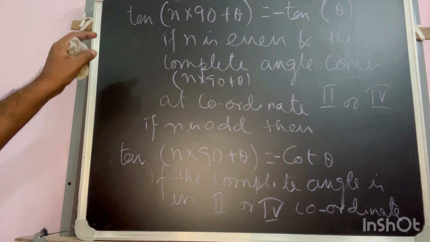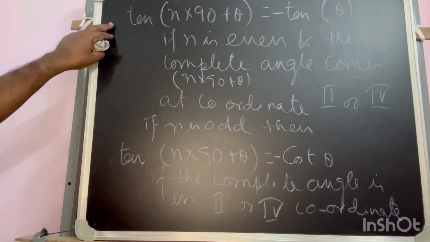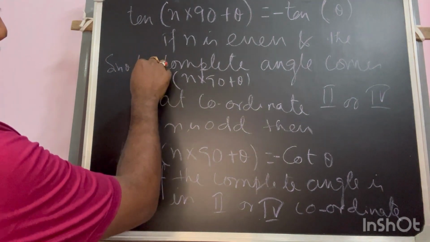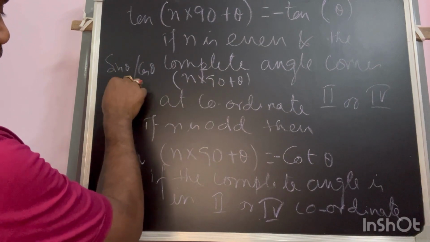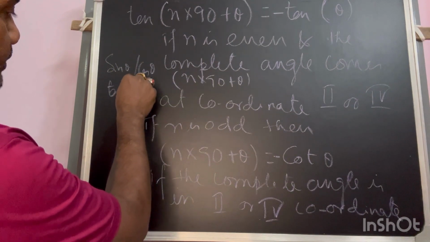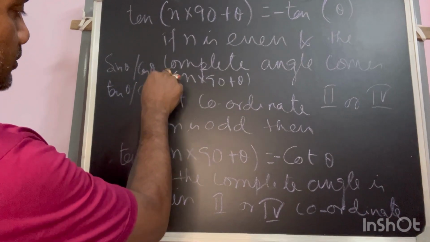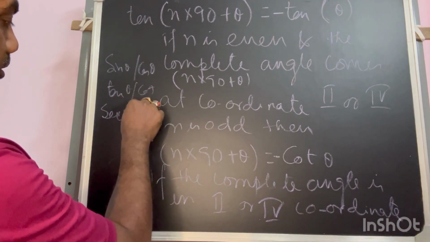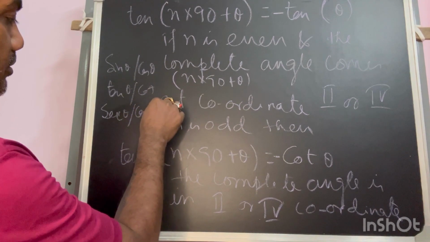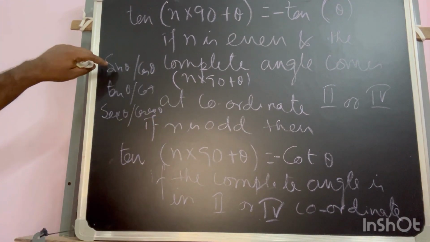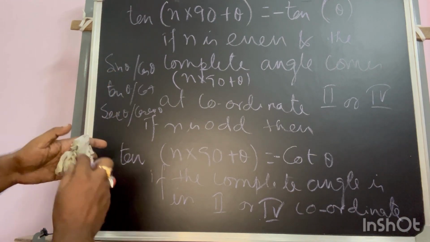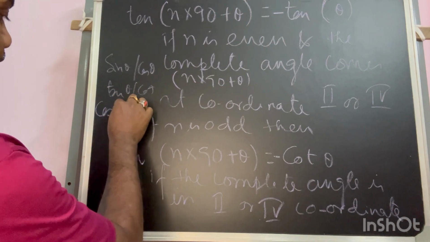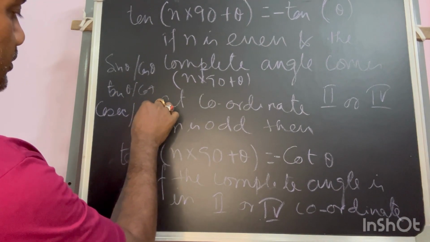Understood? So you can see there are relations between sine and cos. Sine either changes into sine or changes into cos, and tan theta and cot theta. Similar for sec theta and cosec theta. The same relation as it is, because you can say the reverse one, cosec theta by sec theta.